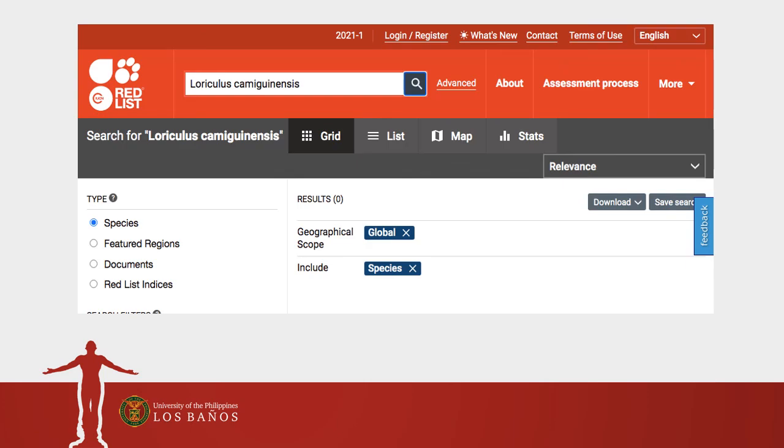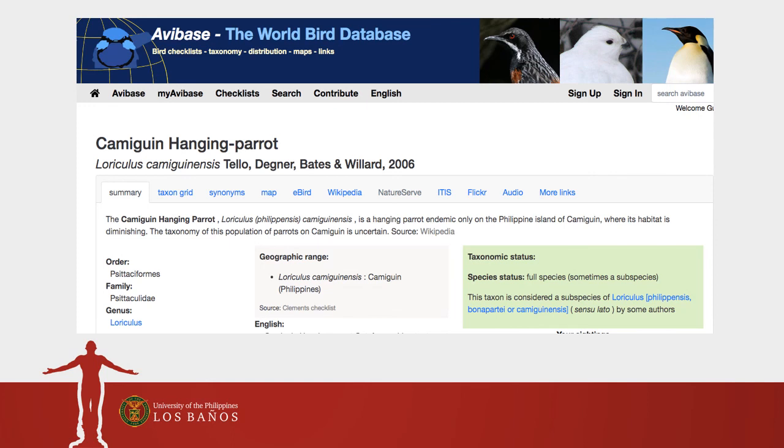However, when I search for Loriculus camiguinensis in the IUCN Red List of Threatened Species, there is no search result. And a search in Avibase, the World Bird Database, shows Loriculus, and then enclosed in parentheses philippensis, and then camiguinensis.